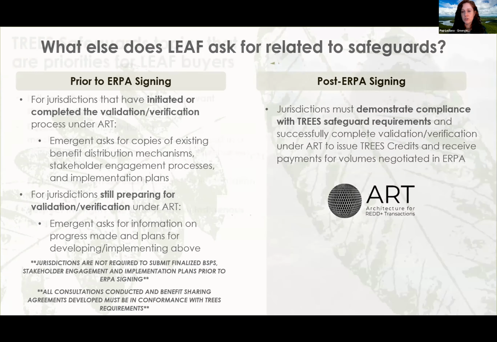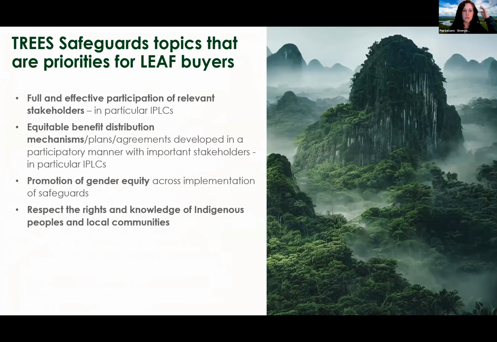So moving on, just really quickly to highlight a sample of different topics that are priorities for LEAF buyers. This is not to say that not all of the TREES safeguard requirements are important. They are all important for LEAF buyers, but here are a few that I think are really important to emphasize, that buyers are paying particular attention to, and some of the ones that Lucia already has emphasized and mentioned in her presentation.